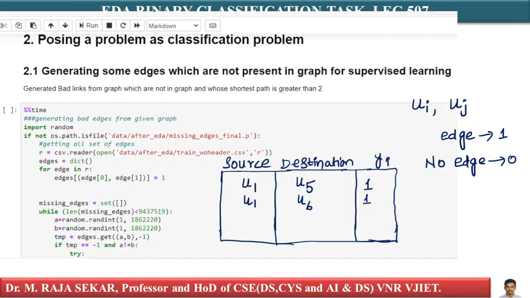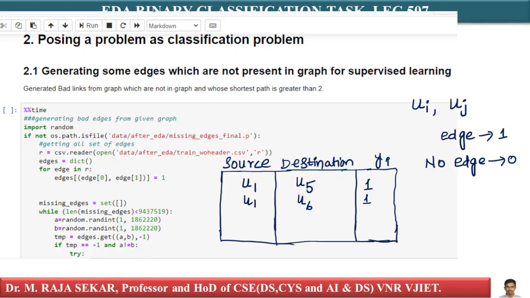In the table that I have right now, I basically have my source vertex and my destination vertex. Let's assume I have u1 and u5. I only have those pairs of vertices between which I have an edge.